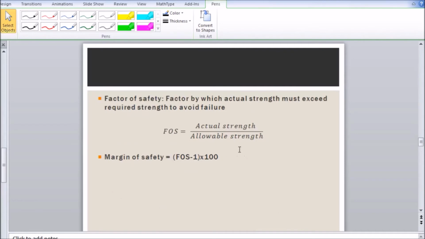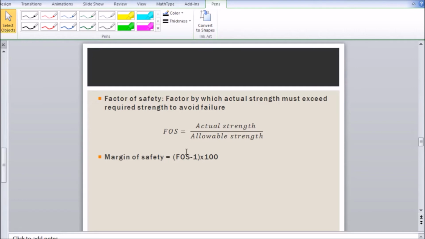Now coming to factor of safety, as I discussed in the earlier videos in the first chapter, there are many assumptions in these theoretical concepts when we are deriving something. It is not possible every time in reality to follow all the assumptions. That means automatically the results we are obtaining will have certain amount of error depending on the kind and level of assumptions.